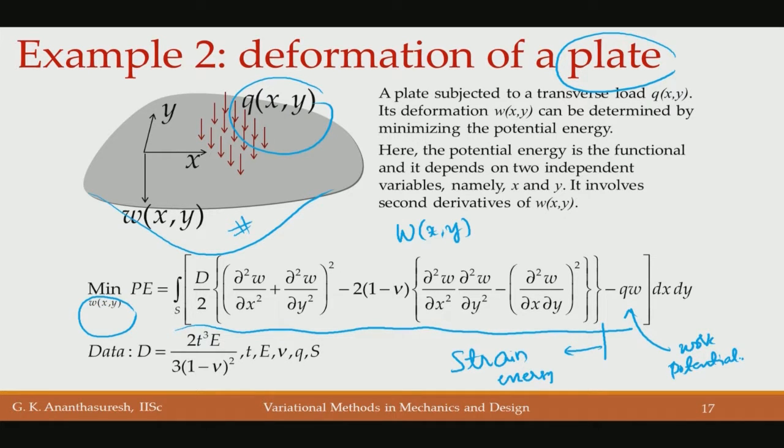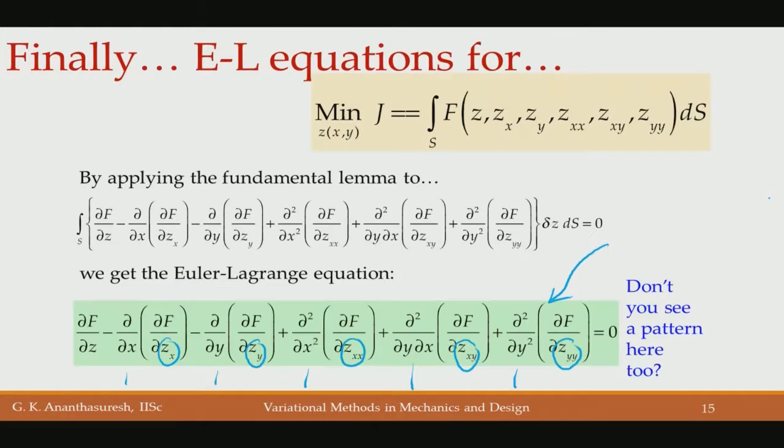Q is the transverse load, W is the work done, that should be the work potential. Overall we get the potential energy. The whole thing that we have is potential energy, right, that is what is PE. Okay. This is a problem like what we had considered, right.